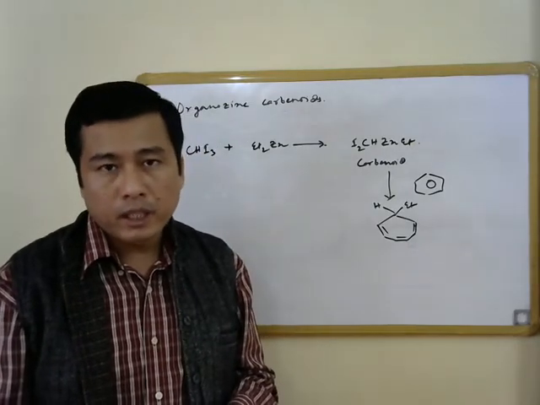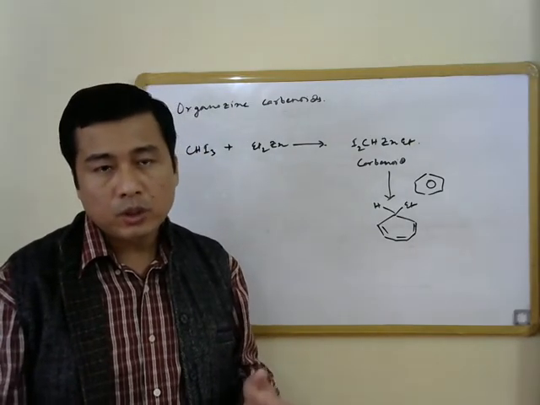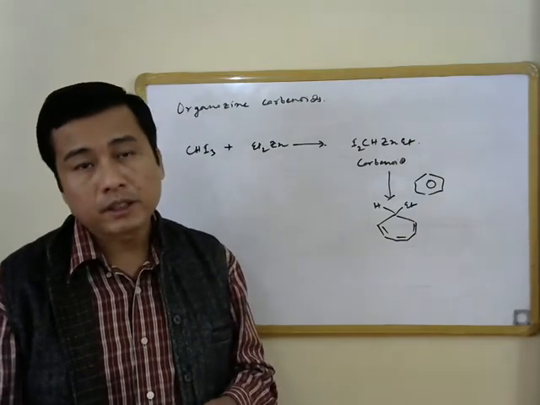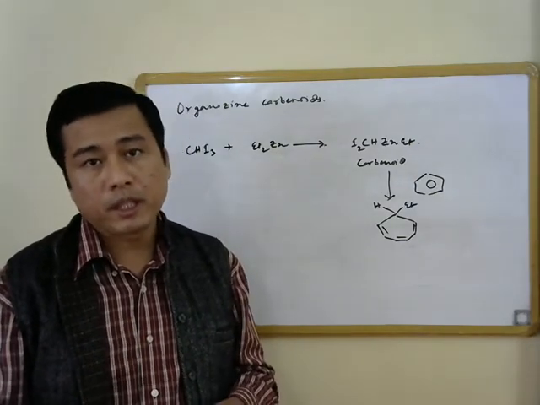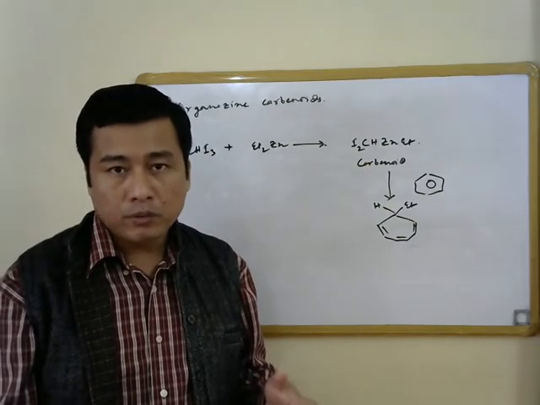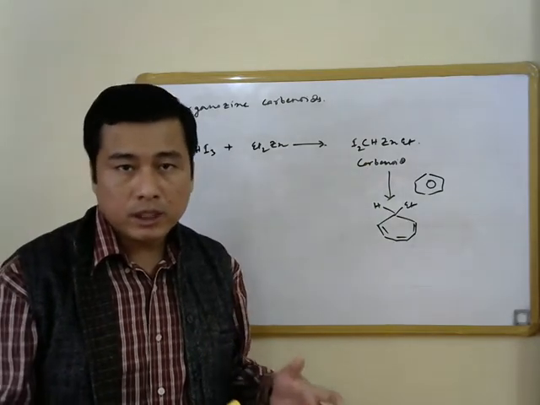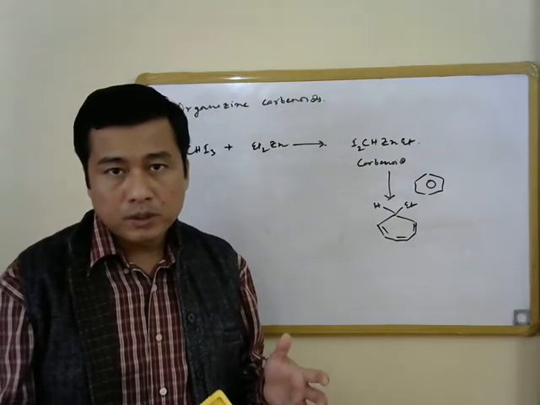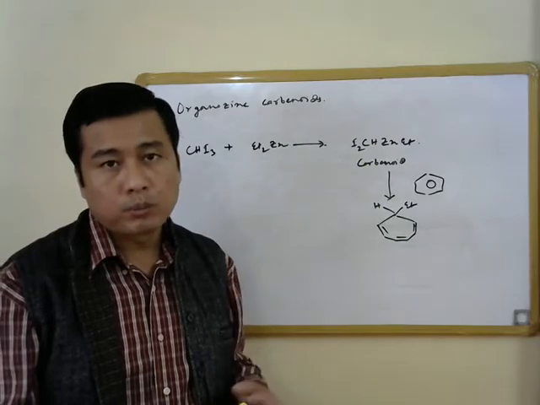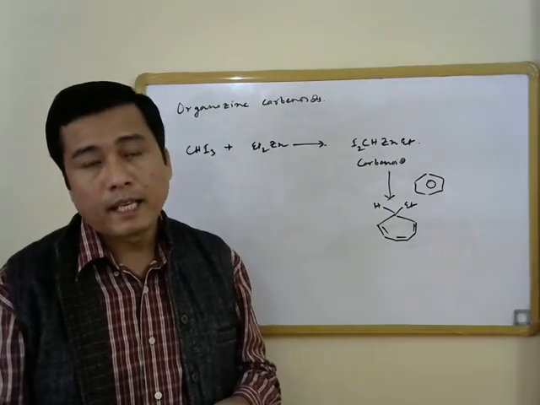Then we learned about how organozinc compounds serve as intermediates in important reactions like the Reformatsky reaction, where a dimeric organozinc species is formed as the intermediate, and which allows us to form these beta hydroxy esters starting from alpha bromo esters.